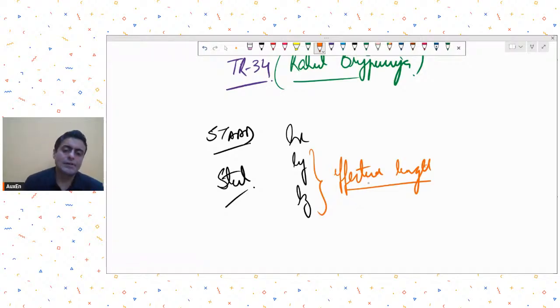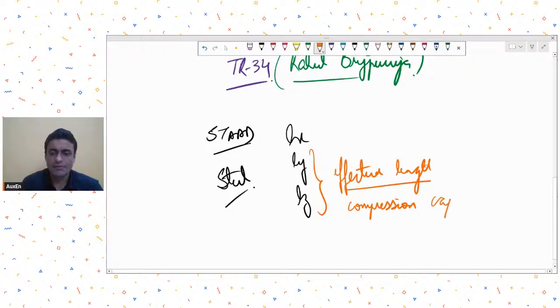So the LY and LZ factors help you calculate that effective length for compression capacity calculations. This is different from the sway effects. Sway effects are different. Here I am mostly focusing on the effects not associated with sway.